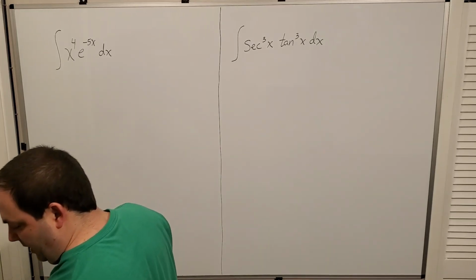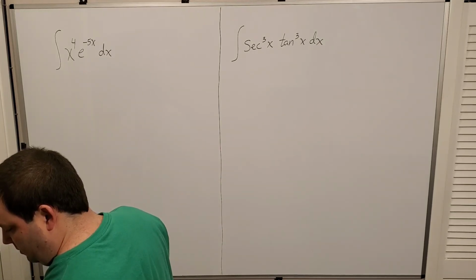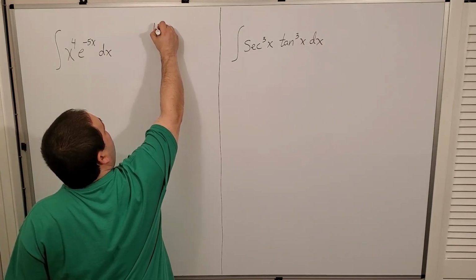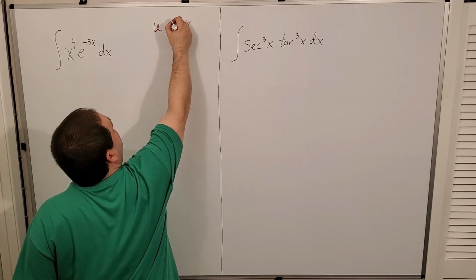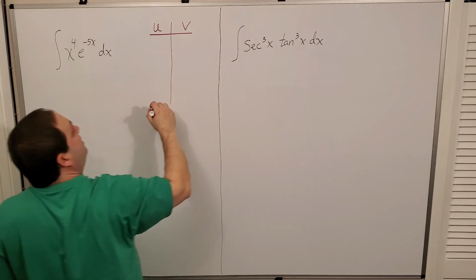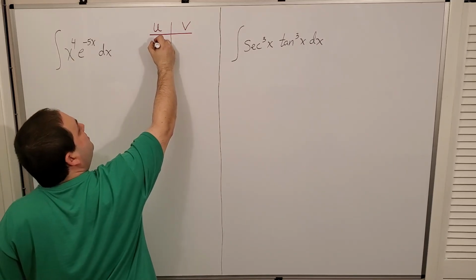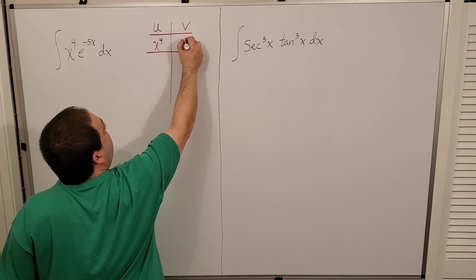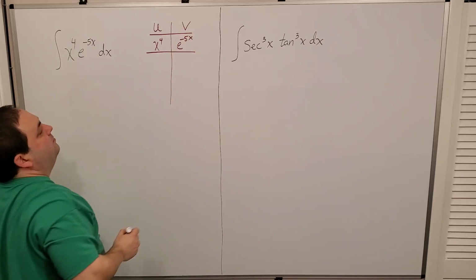So I'm going to set up my table with a u and a v side, and I'm going to place the individual function pieces in each of those spots, e to the negative 5x.